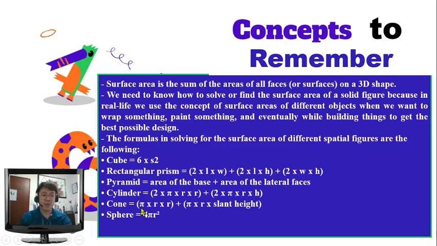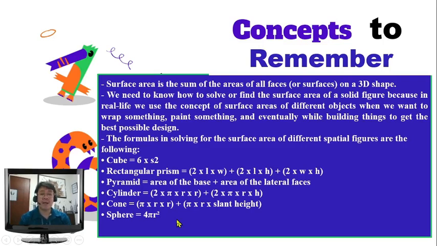For a cone, pi times r squared, or pi r squared, is the area of the circular base, and pi times r times slant height is the area of the lateral face. And for a sphere, it is equal to 4 pi r squared, or 4 times pi times r times r.